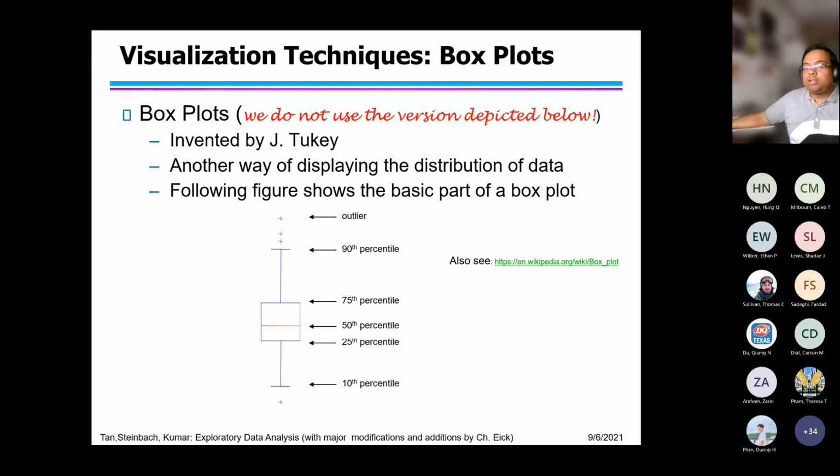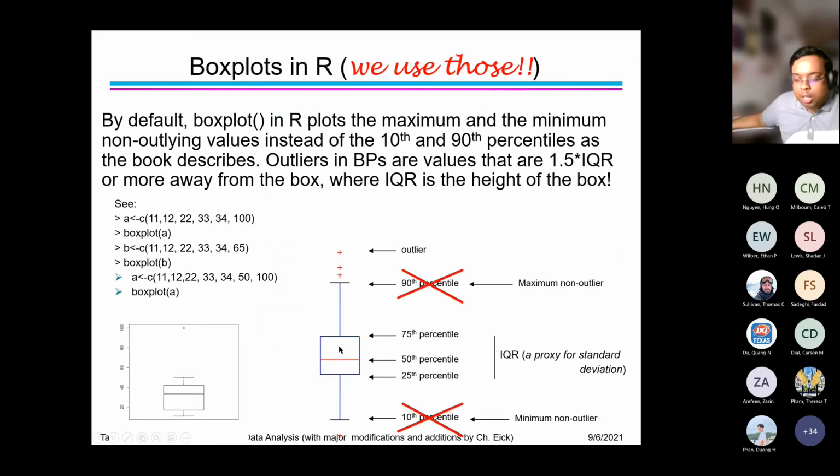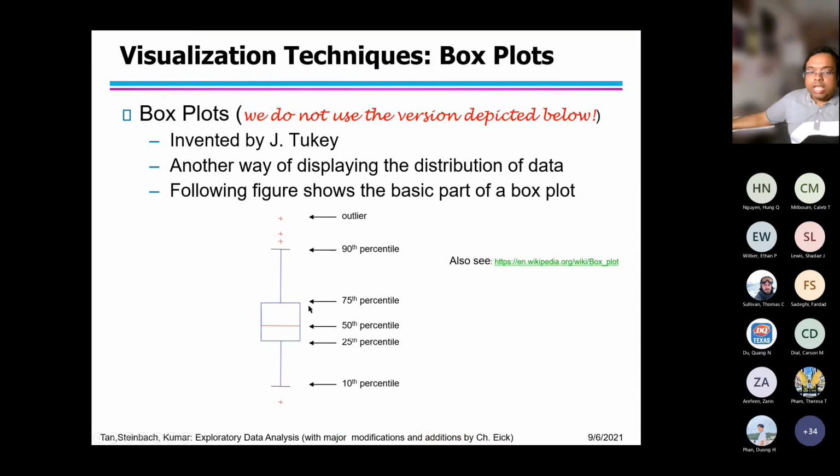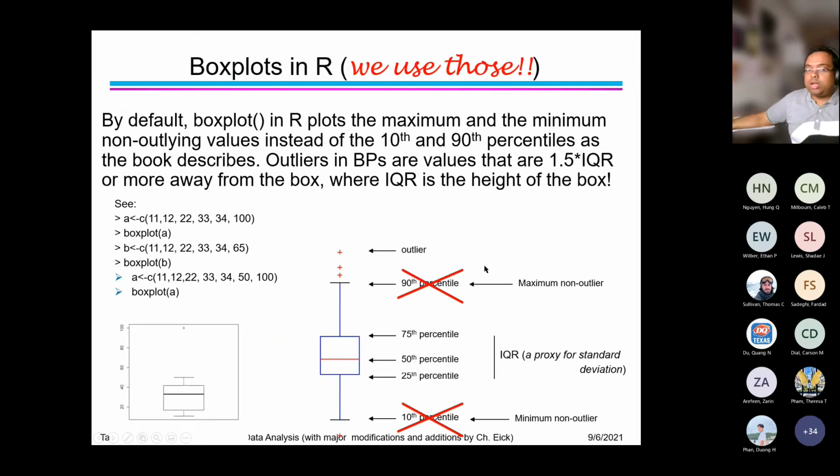That is way too much. We usually stretch to the 75th percentile. So what we mean is that the whiskers of the box should usually stretch to the 75th percentile rather than the 90th percentile, because that's where a lot of your essential data falls.